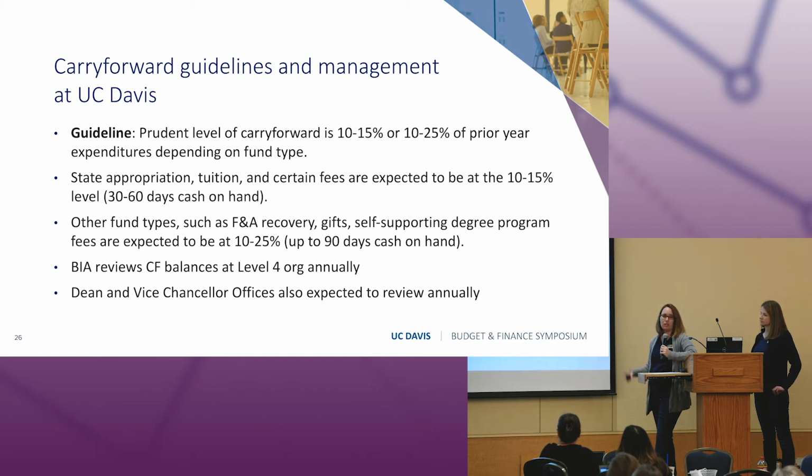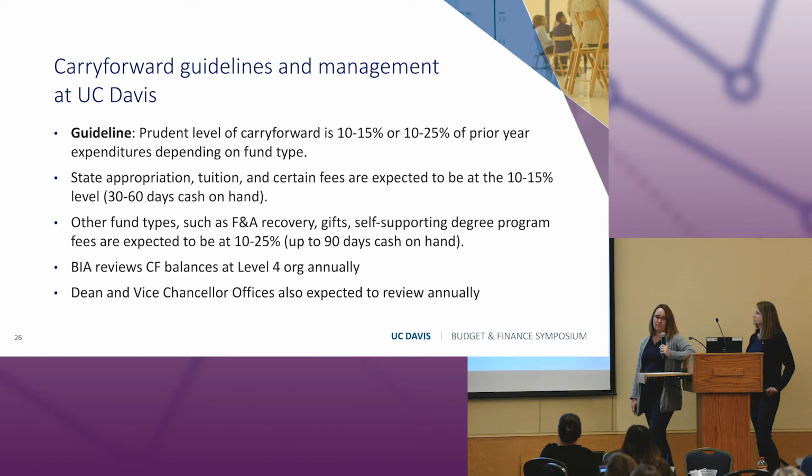You're going to be able to drill down and pick orgs and sort by fund type without getting a spreadsheet from Adrena that has like 30 tabs of data and pivots. So we're hoping this will be a really good tool for you to do your own analysis, and we're going to be using this going forward. I think they'll probably talk about it at a coming Aggie Budget user group. But we do look at those balances.